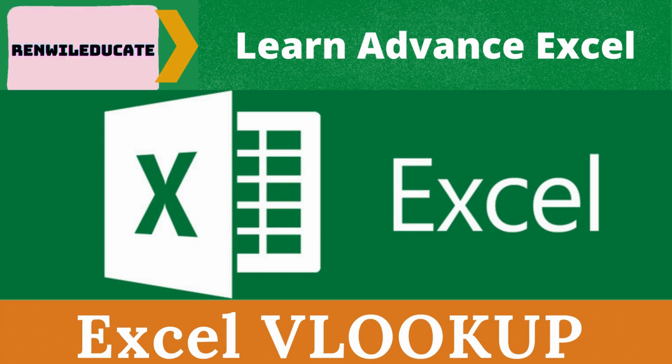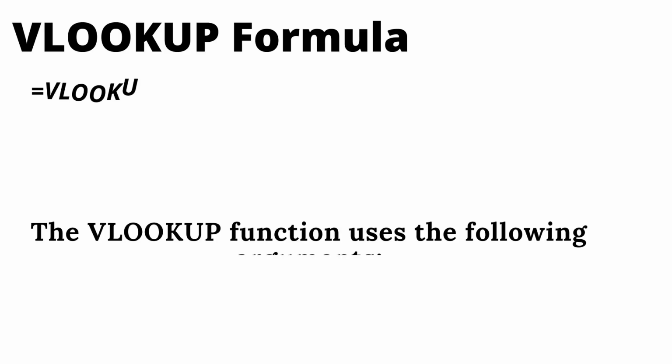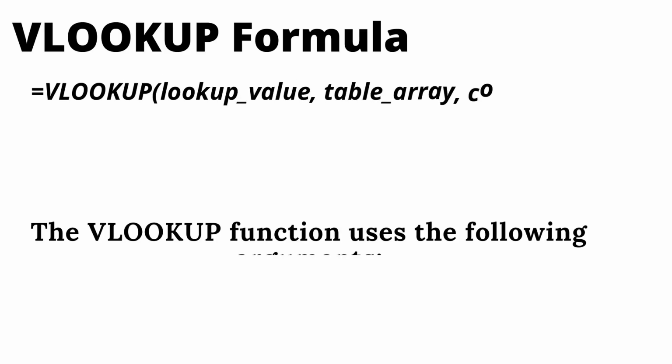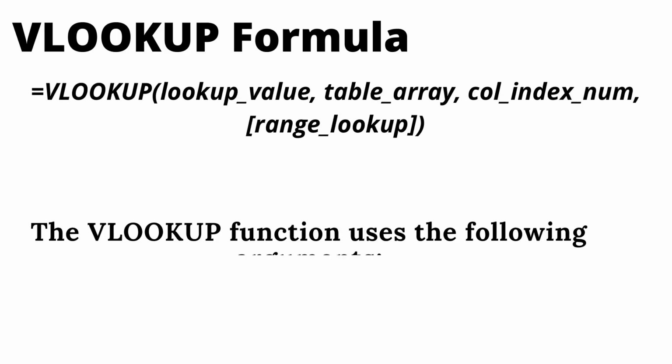In simple terms, the VLOOKUP function says, look for the piece of information in a specific data and tell me some corresponding information about it.